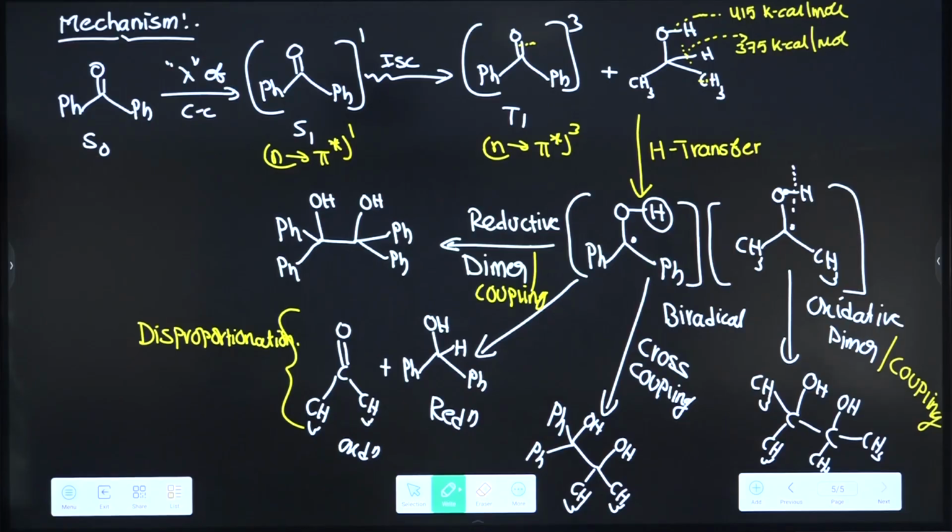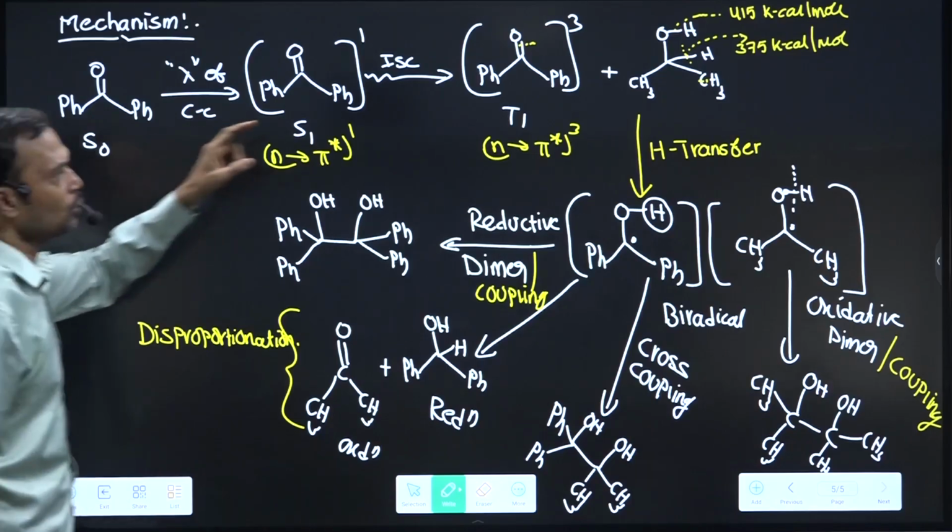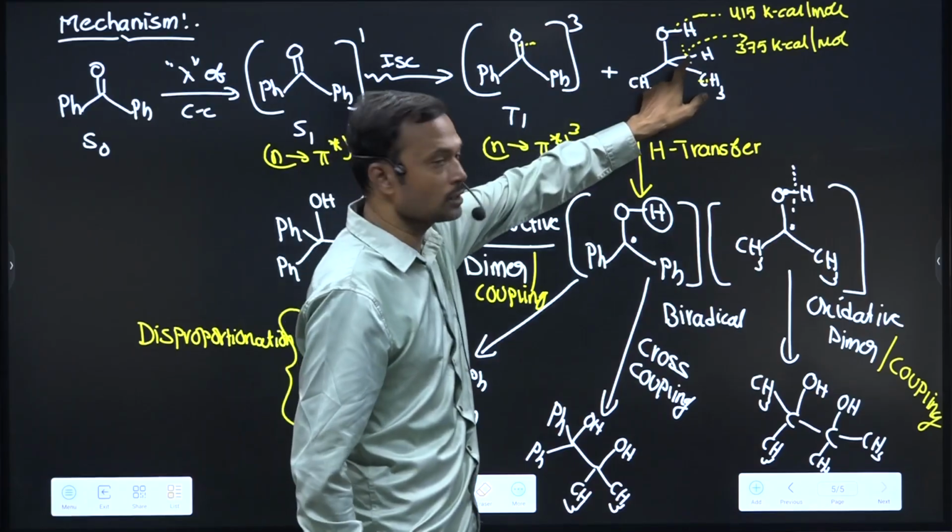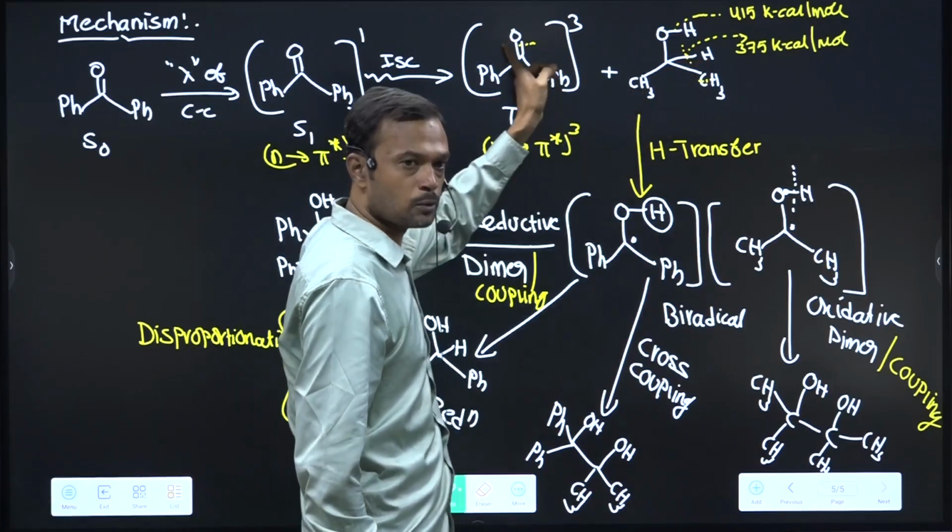Maximum photoreduction will give pinacols. So whichever has low energy, bond dissociation takes place and that hydrogen transfers to the corresponding oxygen.